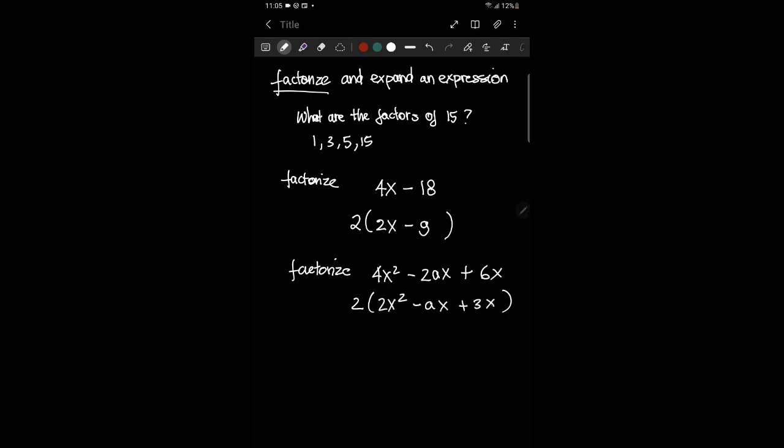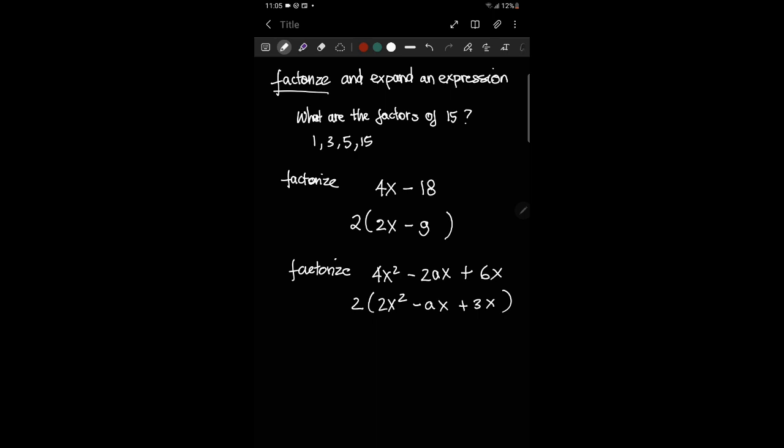It means I will divide, right? 4x squared divided by 2. 4 divided by 2 is 2x squared, right? And then minus 2ax. If I take the factor 2 from the 2ax, it becomes minus ax. And then plus 6x. If I divide by 2, it will be plus 3x.